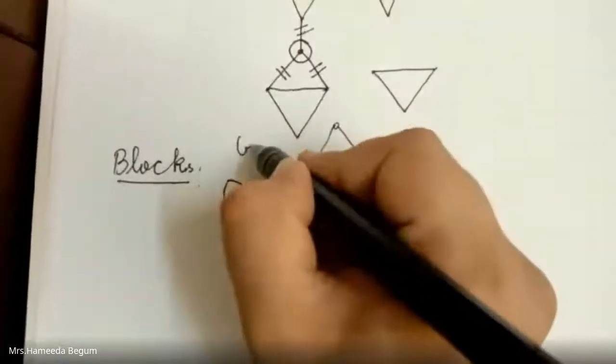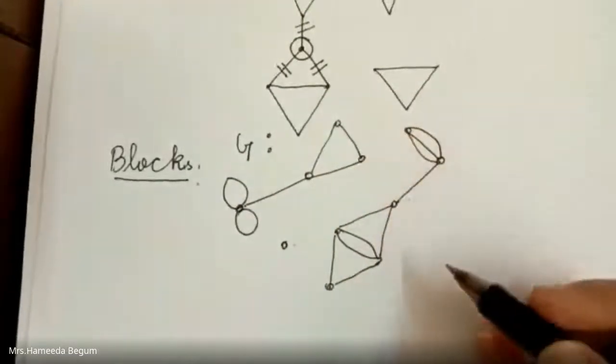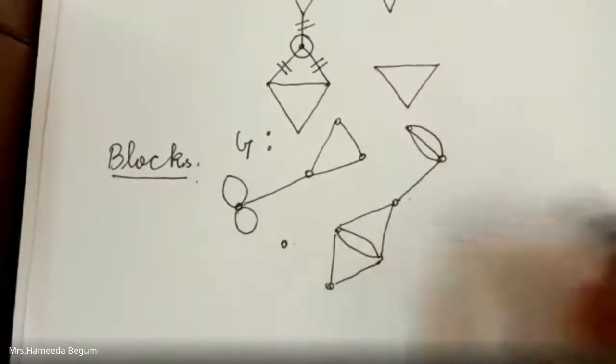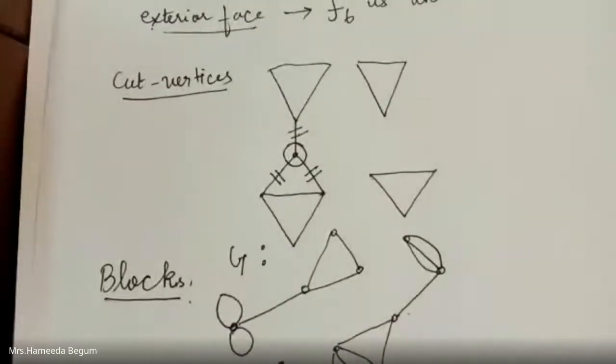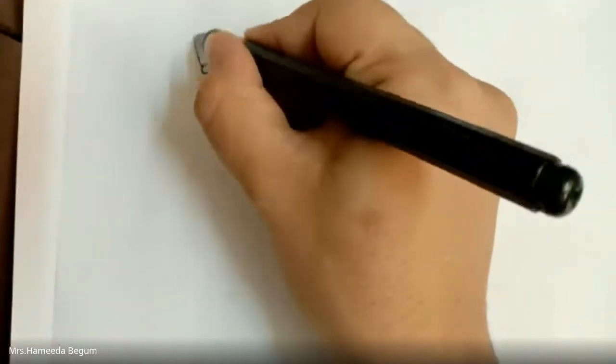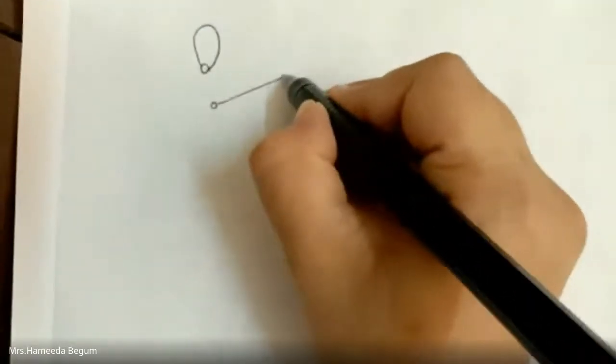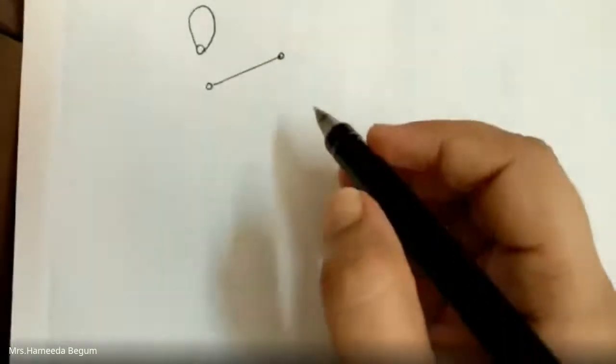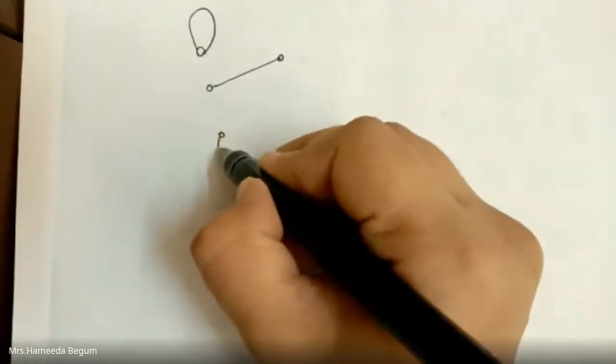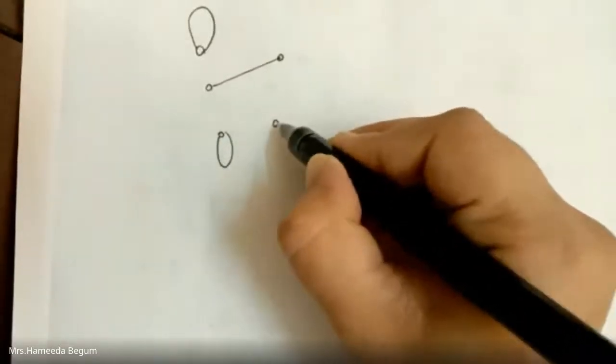The blocks of G will be, if I draw this, you will know the difference. This was the vertex which was already there.